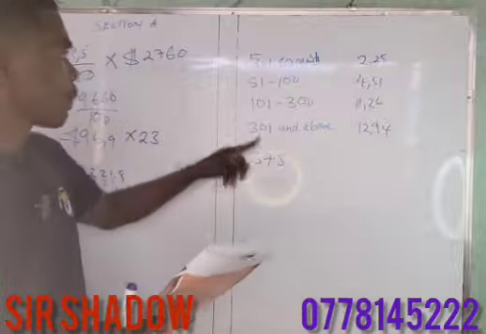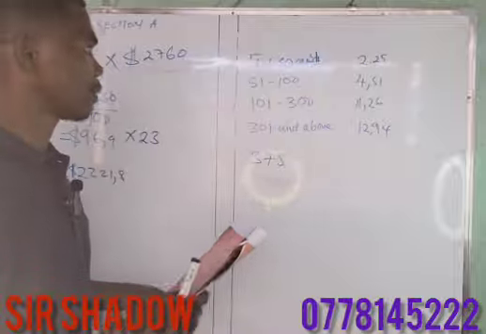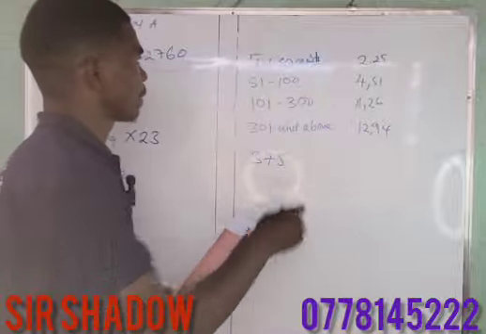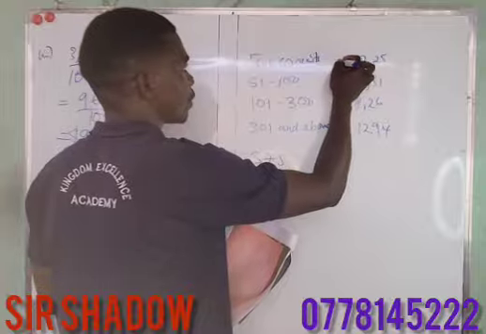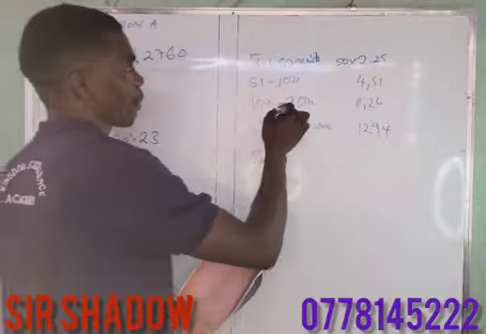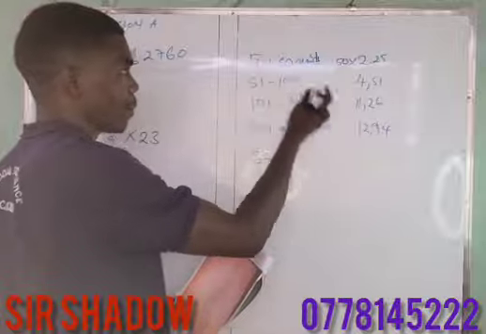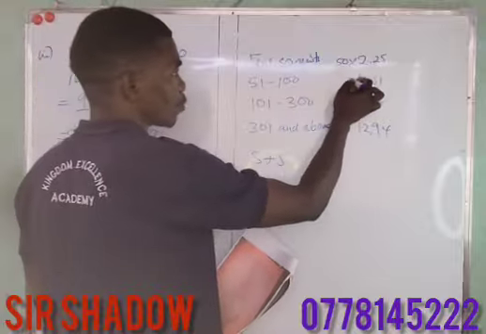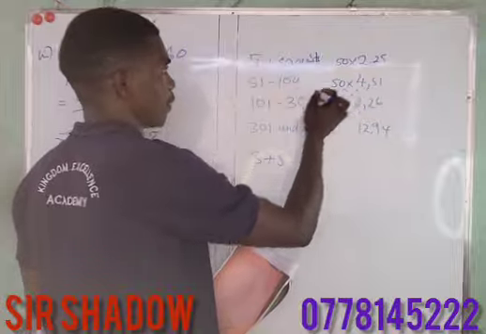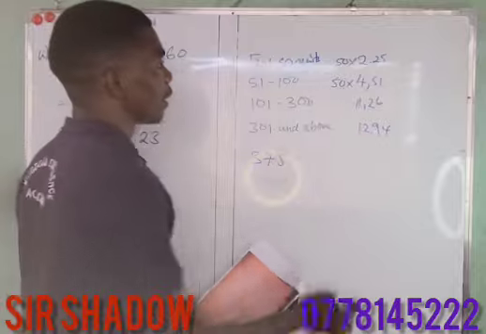Right. Remember, we have 51 to 100 and also 50. So what we have to do is say for the first 50, let's multiply this amount by 50. Then 51 to 100, meaning from 51 to 100, we also have to multiply by 50 here. Just 50.